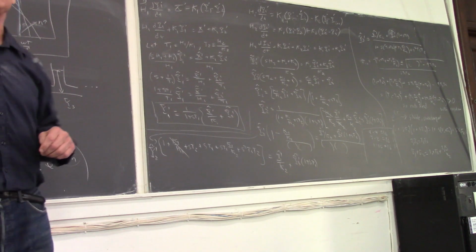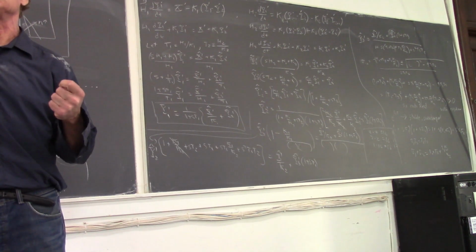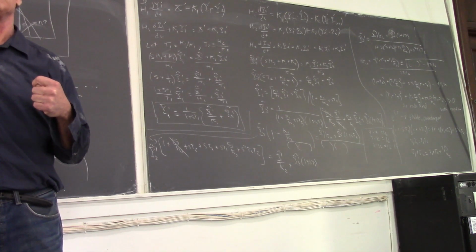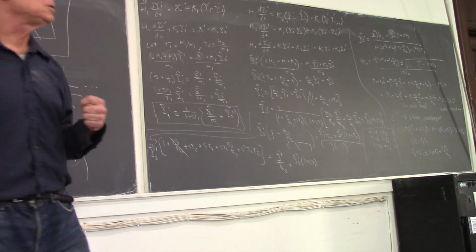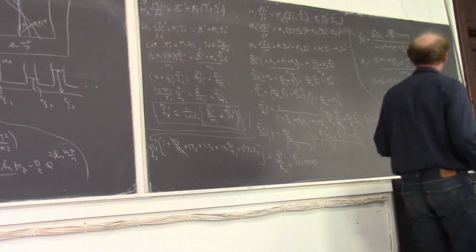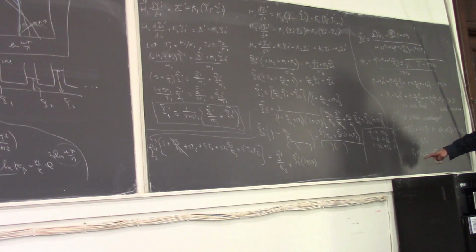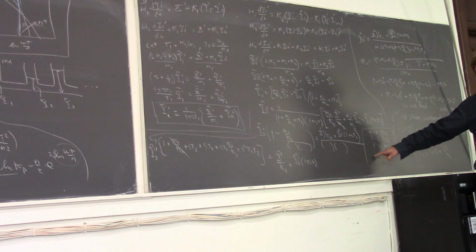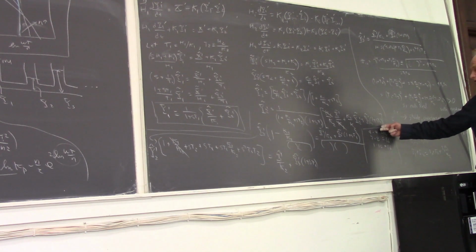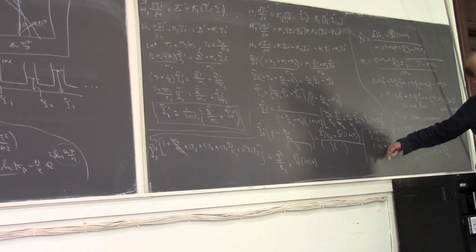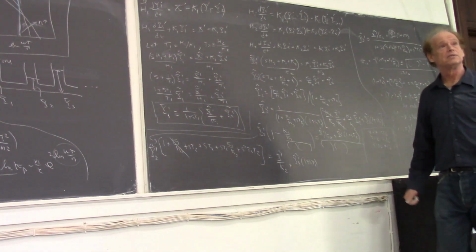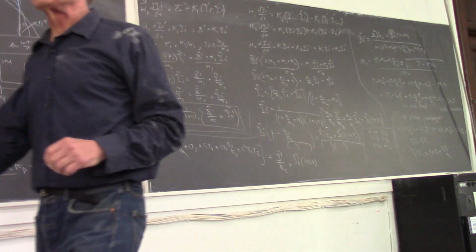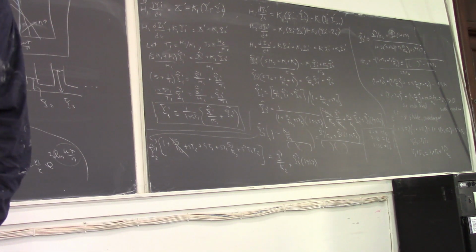Meaning, the interacting system is more sluggish than the non-interacting system. It's slower. You could also show that sigma 1 minus sigma 2 is bigger than T1 minus T2. Again, 4 minus 4 is 0, 8 minus 2 is 6, 16 minus 1 is 15. So again, that tells me that the sigmas are further apart than the t's. So the interacting systems are more sluggish than the non-interacting systems.